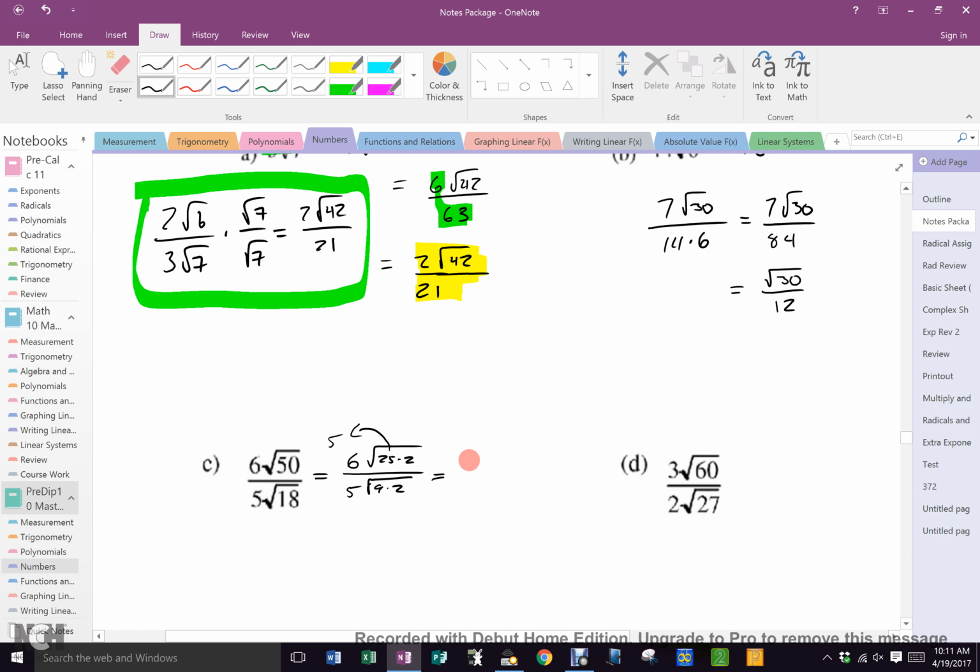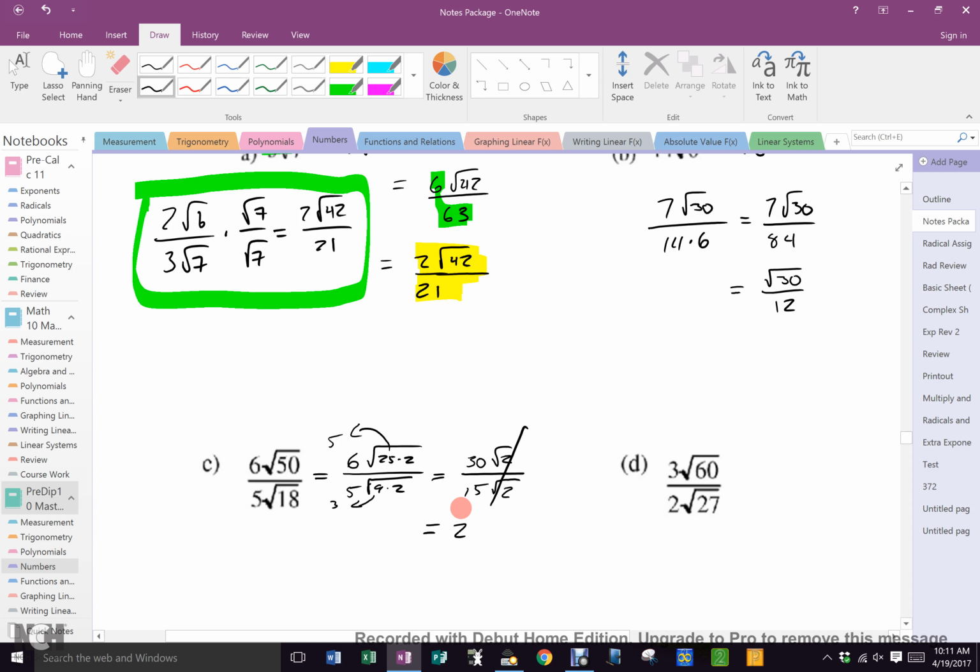What's 5 times 6? 30 root 2 over, what comes out? 3. What's already out? What do I do? 15. What did I leave under there? What can I do as soon as I see the same thing on the top and bottom of a fraction? Cancel them out. And 30 divided by 15 is 2.